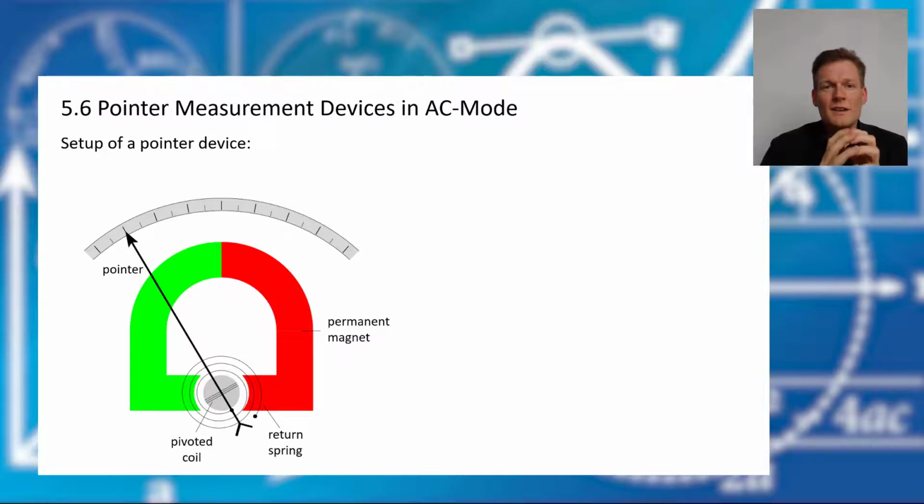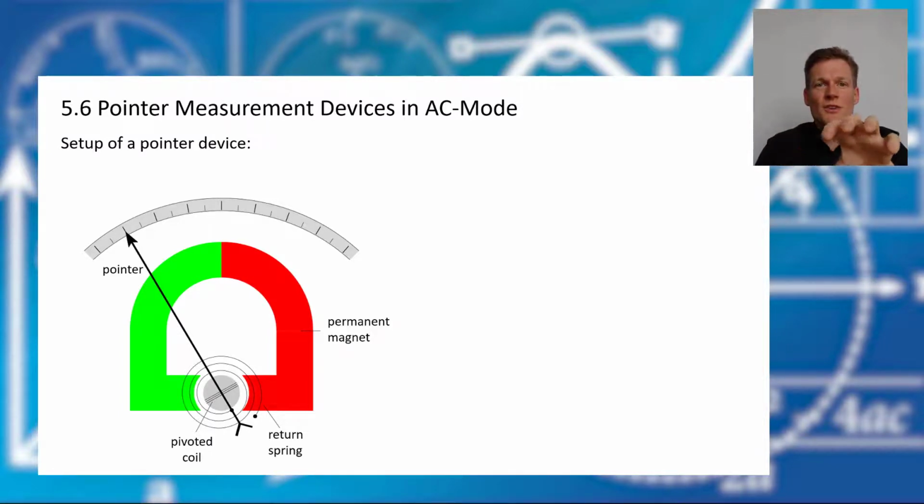And there is a return spring at this small coil, and when the device is not connected to any current, then the pointer indicates 0. And then when a current starts to flow through our small coil, then it behaves like an electric magnet and produces another magnetic field. And now we have this external magnetic field from our permanent magnet and the small field from our turnable coil.